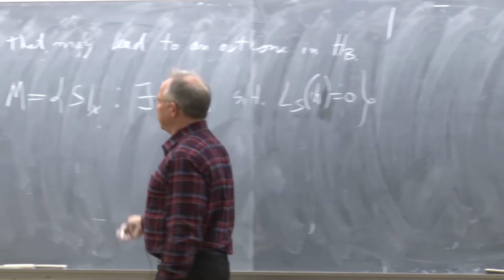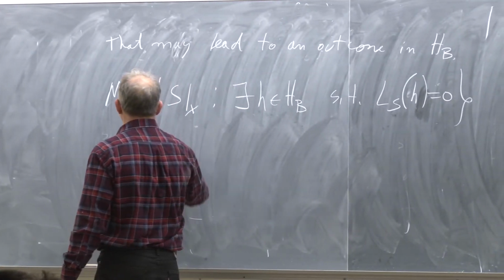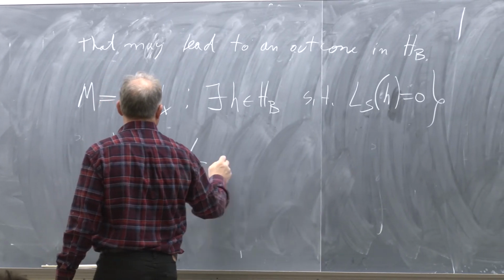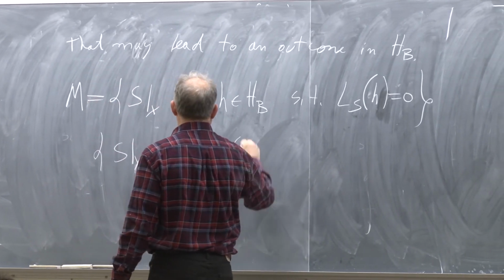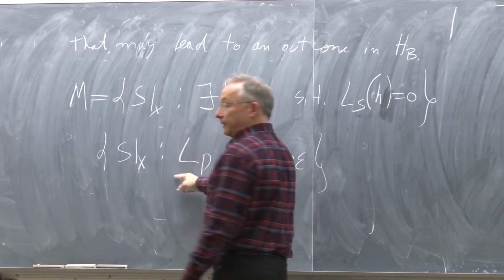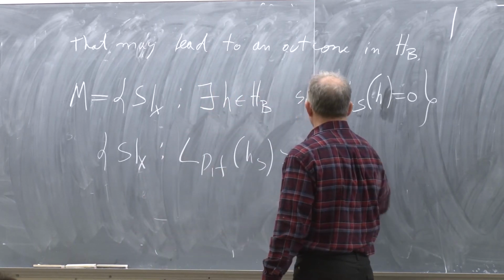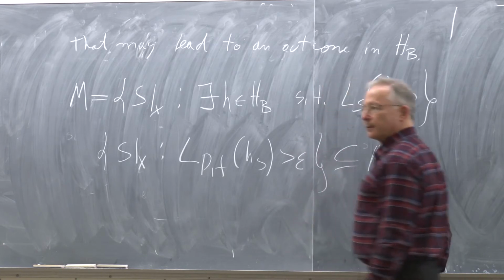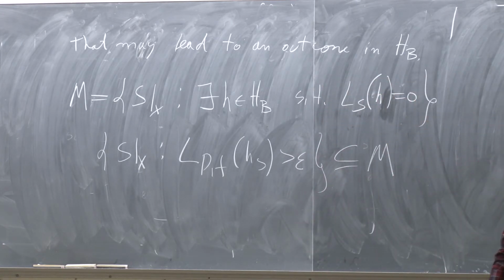So I'm claiming that the set of all S such that L_D(f)(h_S) is greater than epsilon, the set that I'm really afraid of, is a subset of M. Now I have a question for those of you who still follow: why is it not all of M?